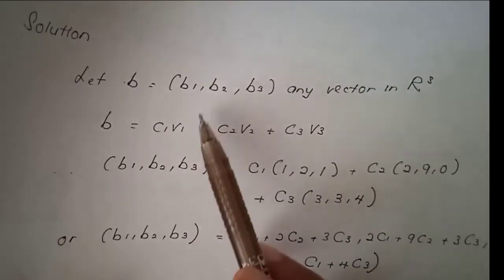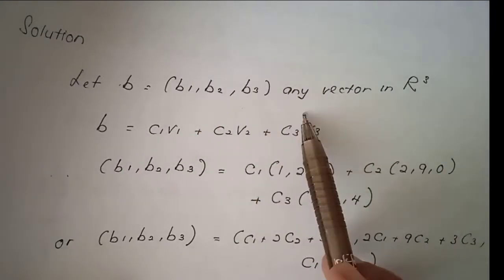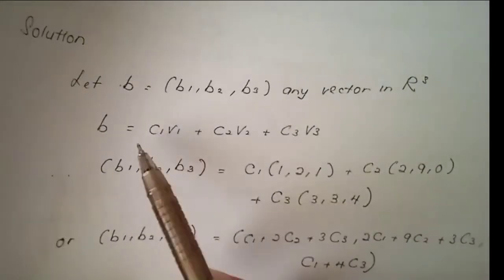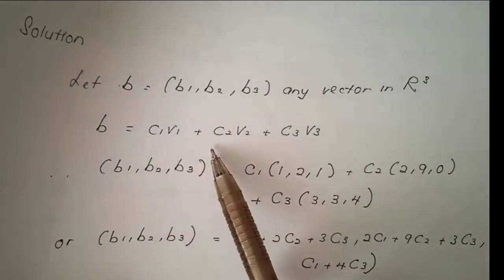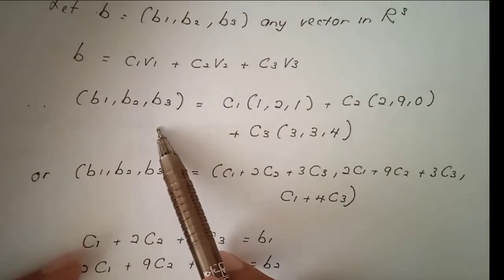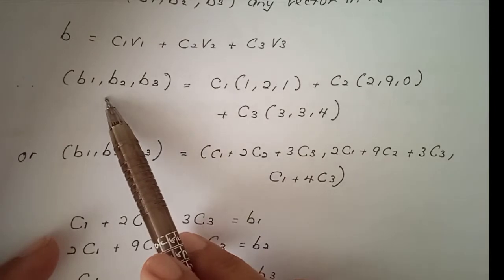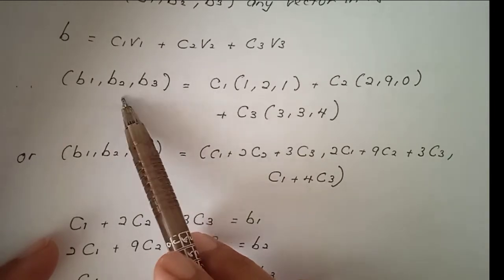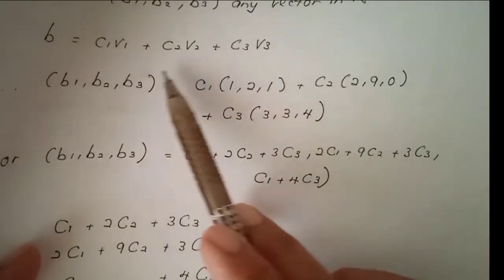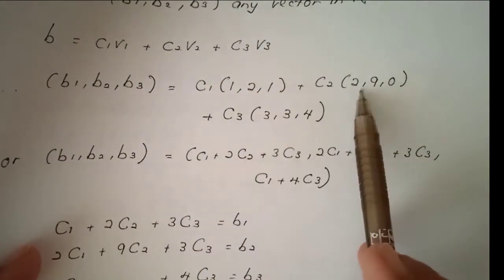Let (b1, b2, b3) be any vector in R3. If b is written as a linear combination of v1, v2 and v3, we have (b1, b2, b3) on the left and the right side is this linear combination.